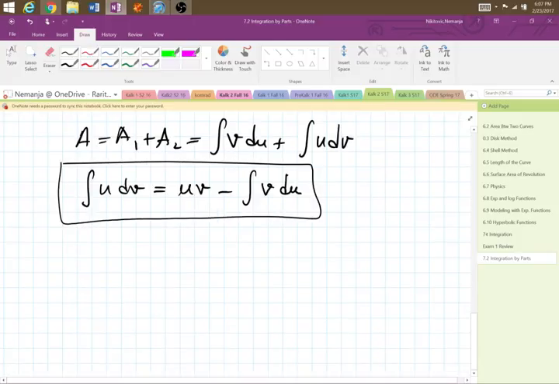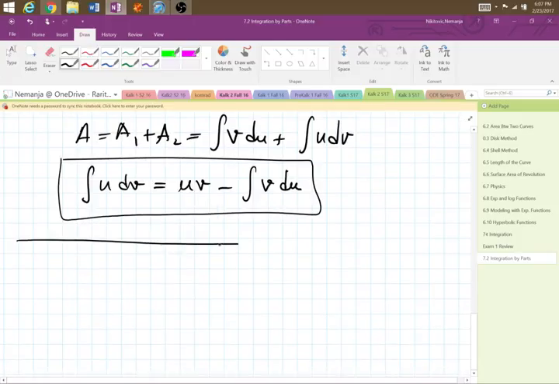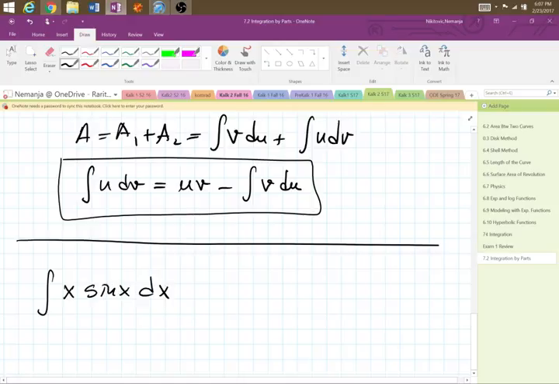So now let's solve some problems with it. Lots of problems with it. Not some. So we start with x e to the sine x, sorry, dx. It's my favorite example to start.